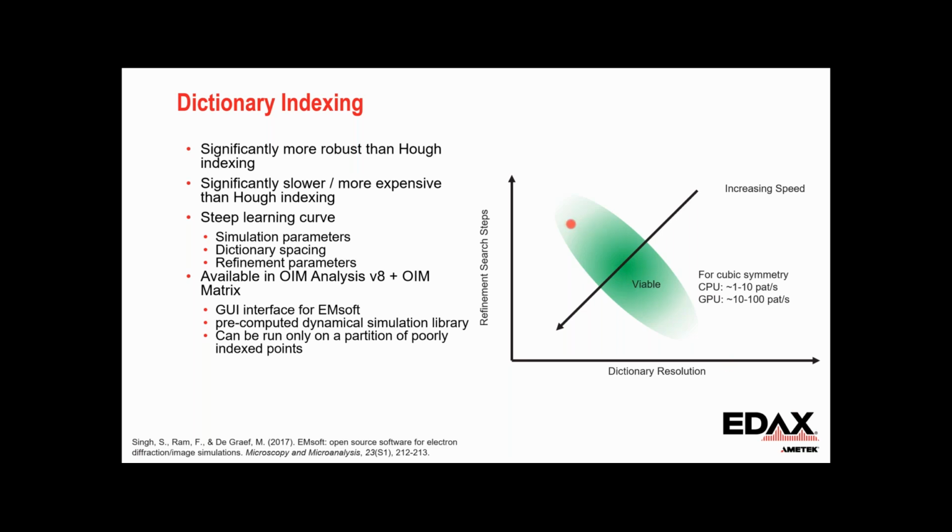And there's only a certain space that's viable because at some point your dictionary gets too large to be tractable on one side, and on the other side it becomes so sparse that you don't actually find a good initial orientation. But there is some learning curve to say what are the parameters that are viable, and what's going to work for my problem.